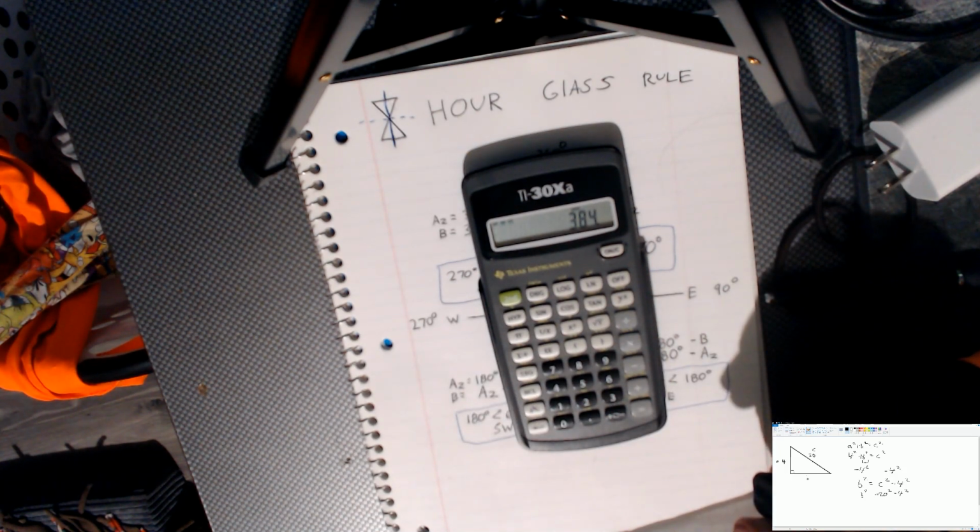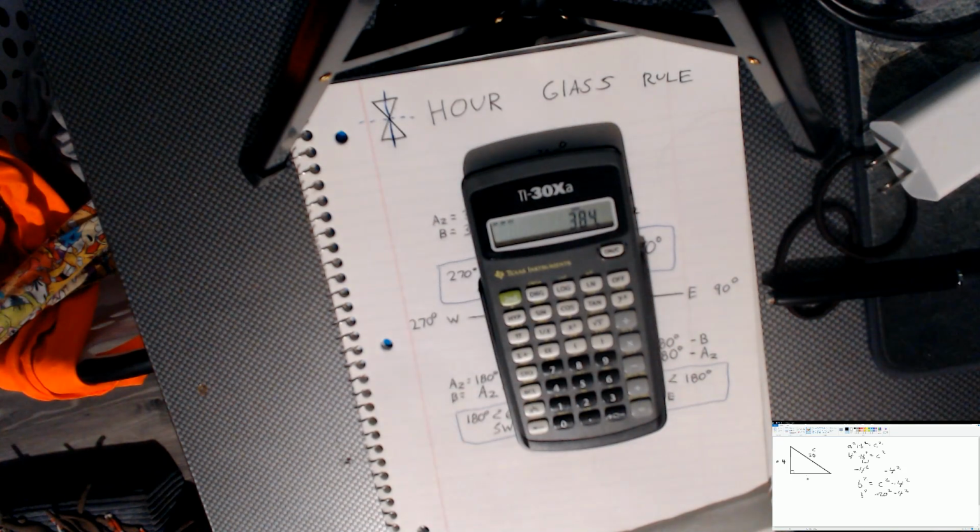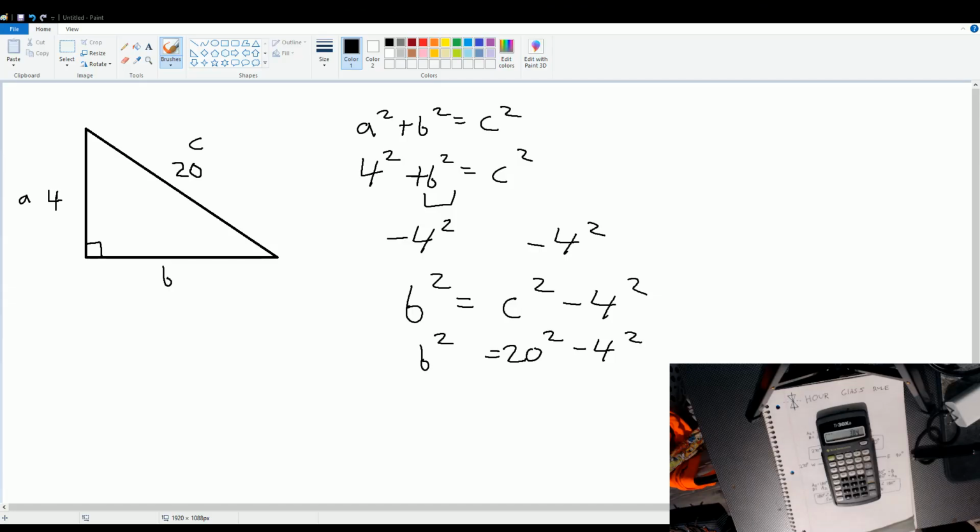We get 384 is equal to b squared. But as I said earlier, we only care about b, so we're going to get the square root of both sides.